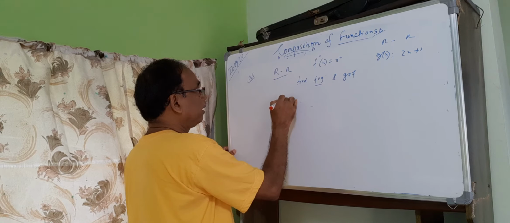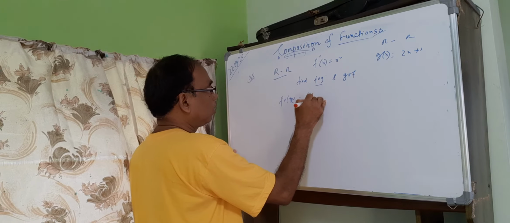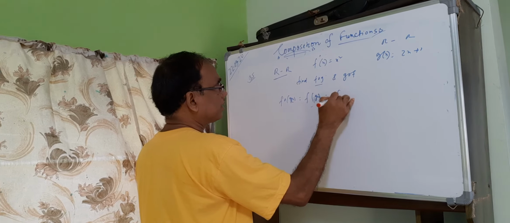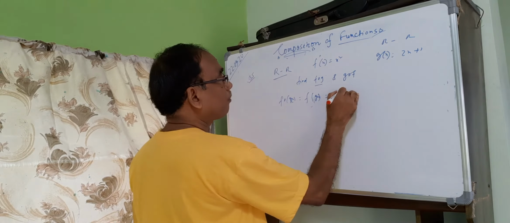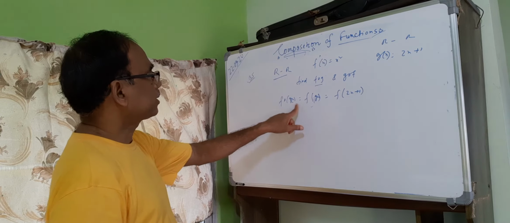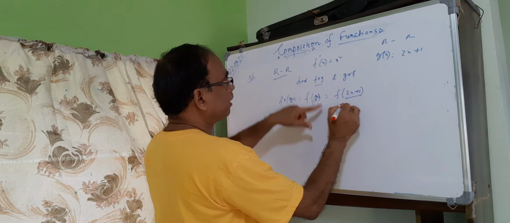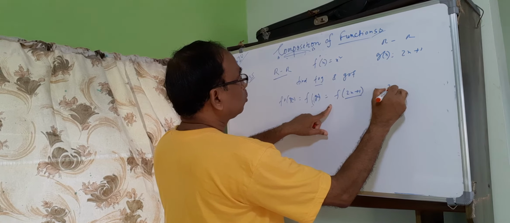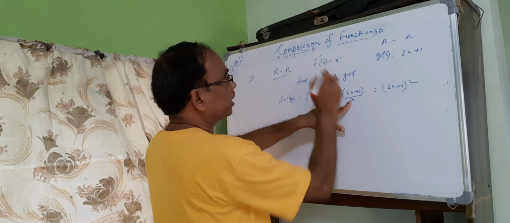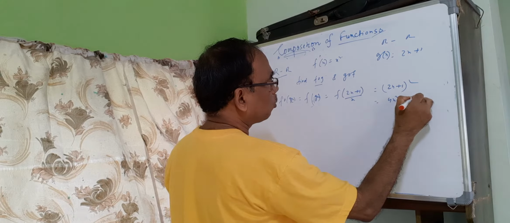Here fog is f of g(x). What is g(x)? It is f of 2x plus 1. Now f(x) put it here, that is (2x plus 1) whole square. This is treated as x, so (2x plus 1) whole square is 4x square plus 4x plus 1.